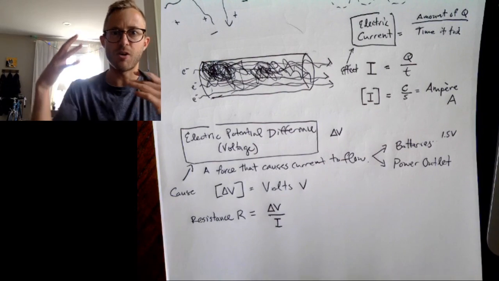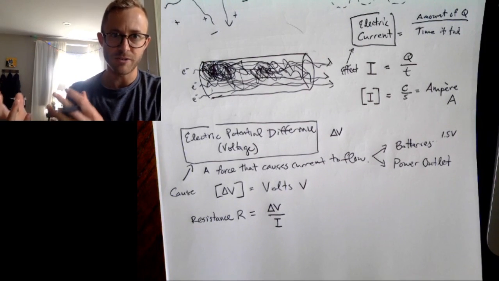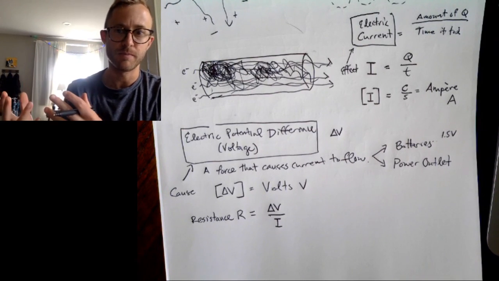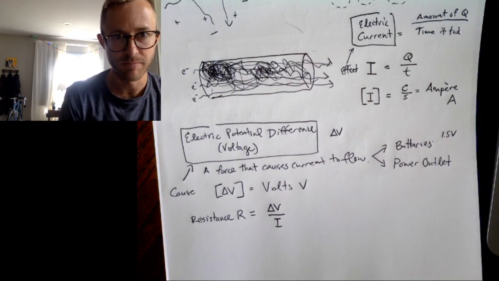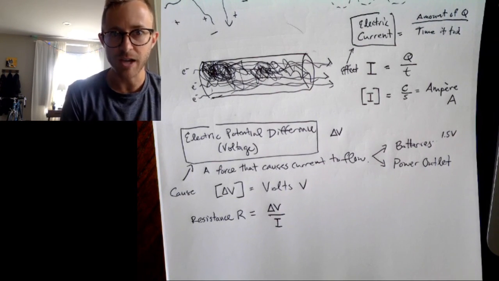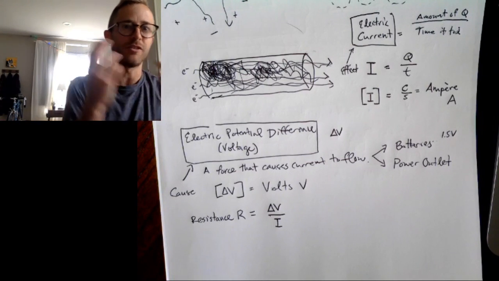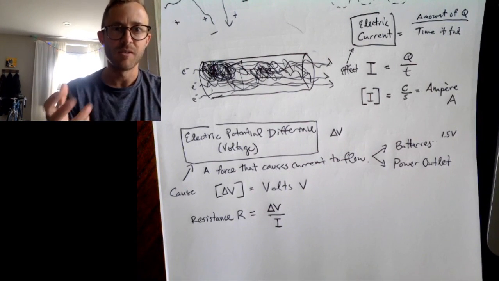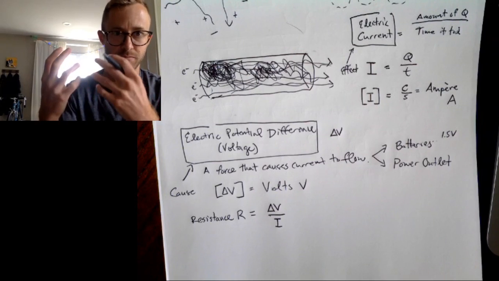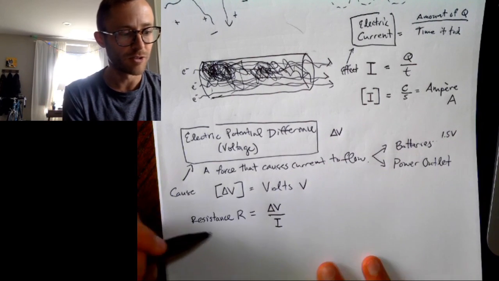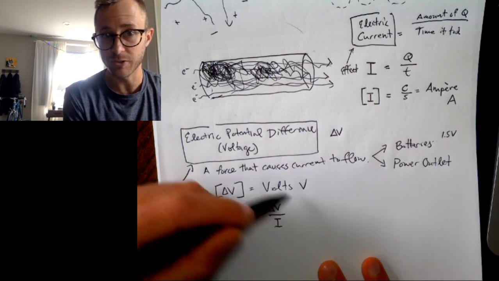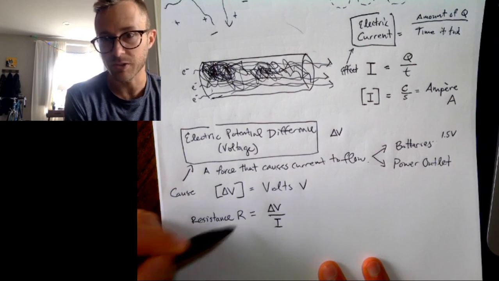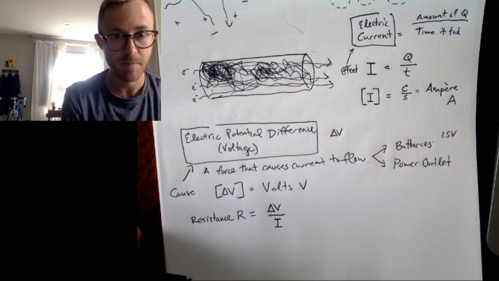That means you have a large force that's trying to make current flow, but not a lot of current is flowing. So you can imagine if you're trying really hard, but you're not getting much of a result, that must mean that it's a difficult thing, okay? So if this number is big and that number is small, then the ratio is going to be large, and that means a big resistance, okay?